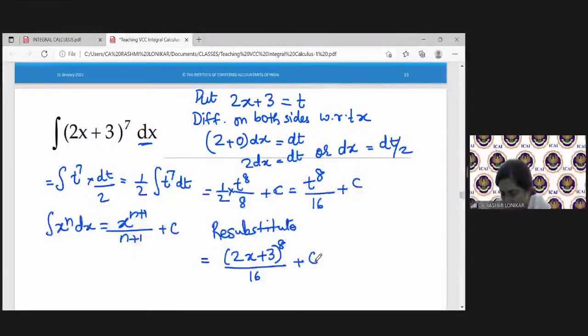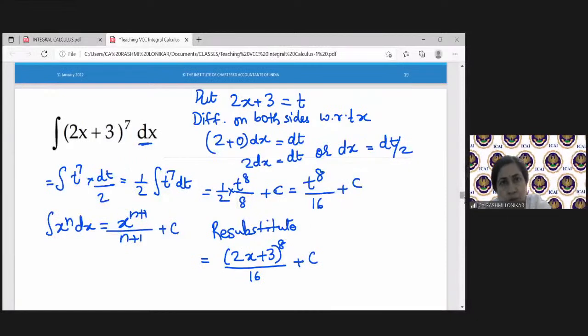Have you all understood this? Have you understood the method? Yes, Dipanshi, very good for pointing it out. So I hope you have understood this example also. In substitution, what have I done? Because the term is raised to 7, instead of expansion, I'm using the method of substitution.